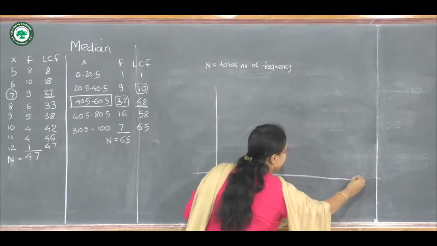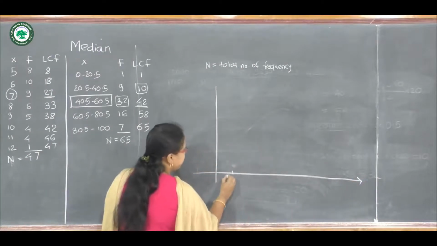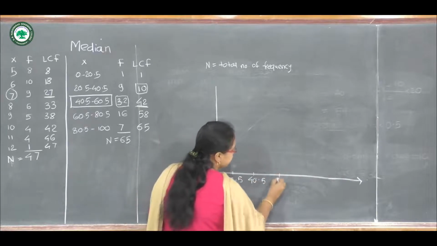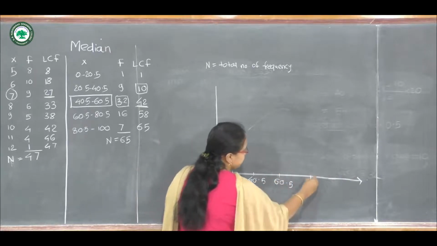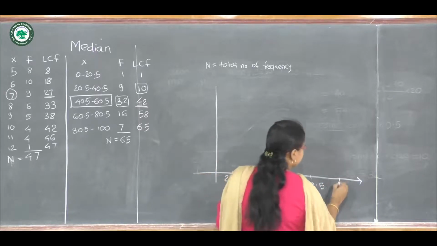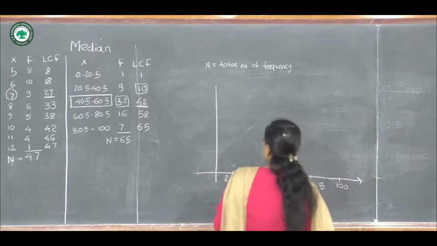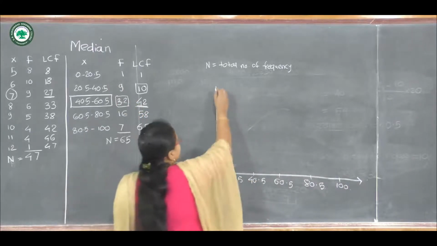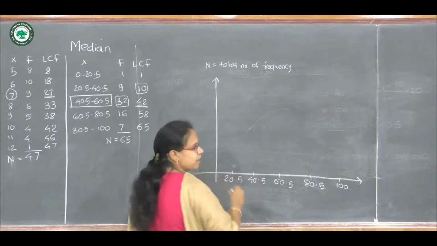So we know that on the x-axis we have to take upper limits, so these are the upper limits for this data. Then on the y-axis we have to draw LCF.